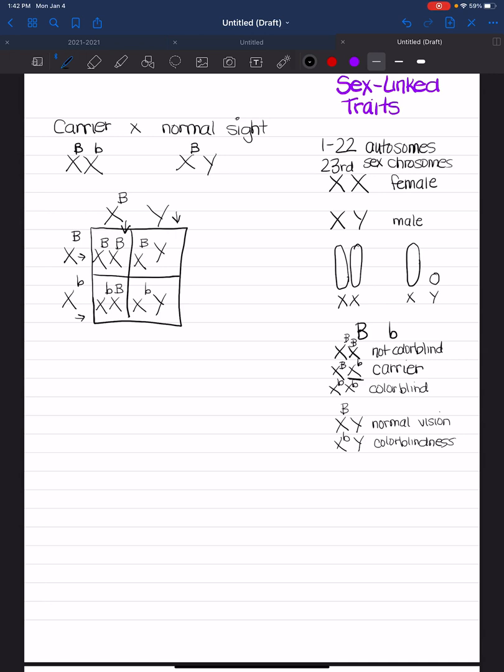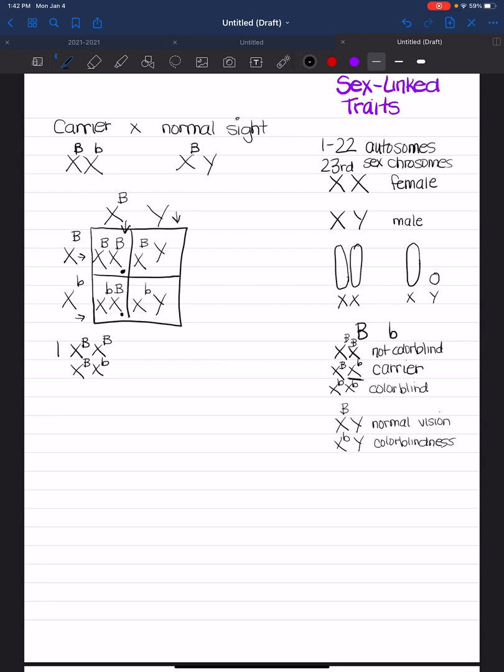Now, this third step of your Punnett square problems is to write all the possible genotypes. So I'm going to start here in this square, and I know that I have X big B, X big B, and I look and see if any others in my Punnett square are the same, and they're not, so I'm going to put a 1 there. Then I'm going to go down to the next square. I have X big B, X little b.